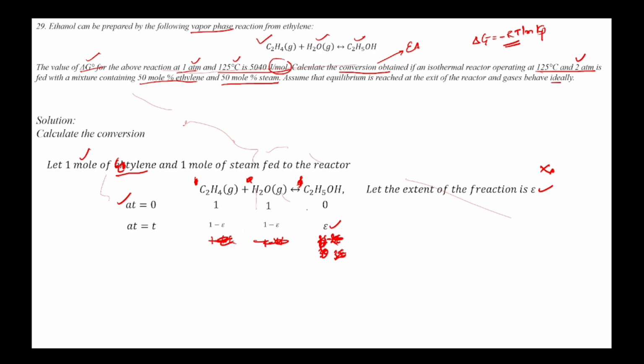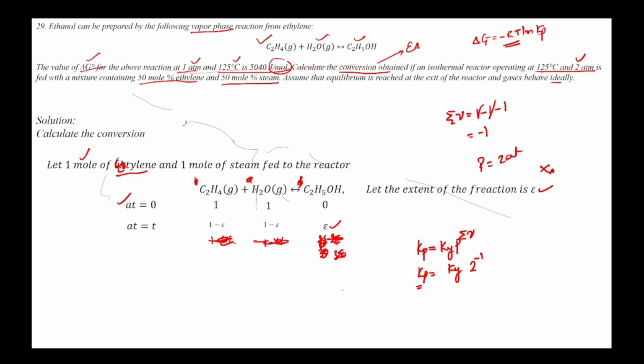Okay, so for this equation Kp is equal to Ky P to the power summation of nu, where summation of nu is the sum of the stoichiometric coefficients, where the stoichiometric coefficient for product is negative and for reactant is positive. So 1 minus 1 minus 1, which is minus 1, and the pressure is 2 atm. Okay, so Kp is equal to Ky times 2 to the power minus 1.